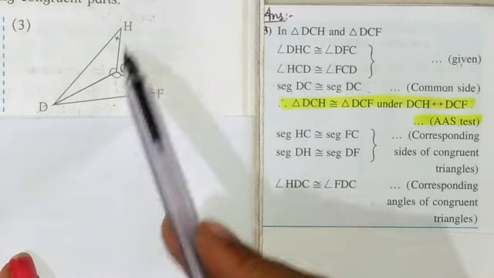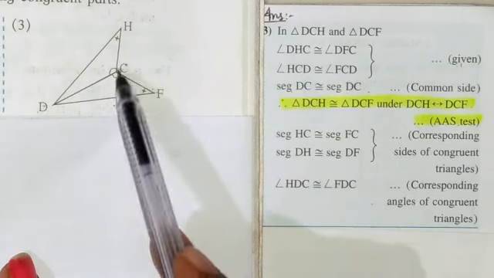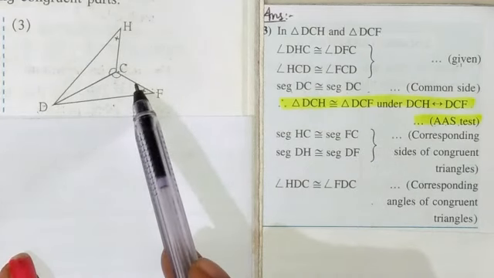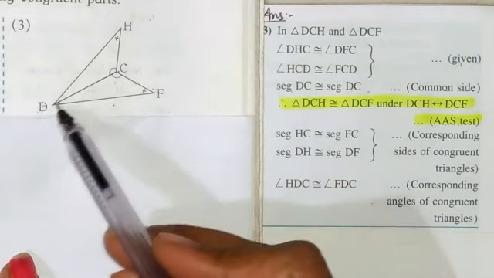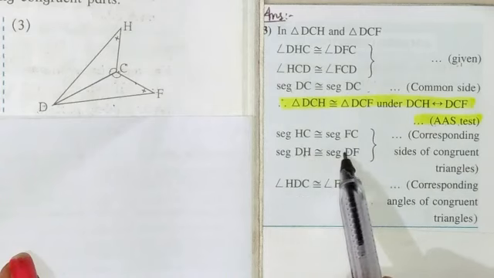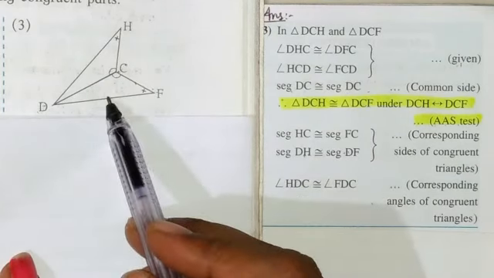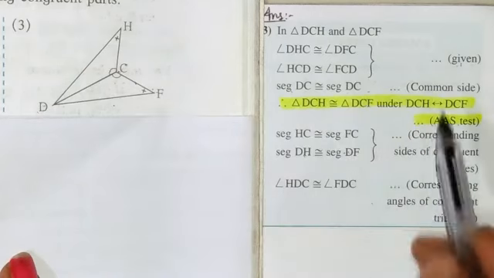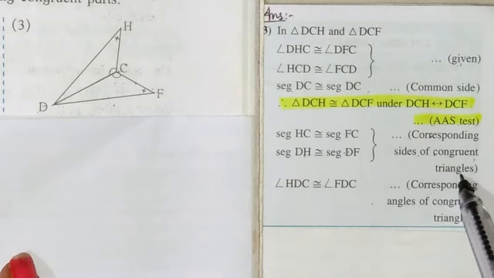Now let's write it in the format of corresponding sides and angles. Segment HC congruent with segment FC, the two sides of the two different triangles, and another one is segment DH and segment DF. Look here, these two sides of the two different triangles are nothing but the corresponding sides of the congruent triangles.